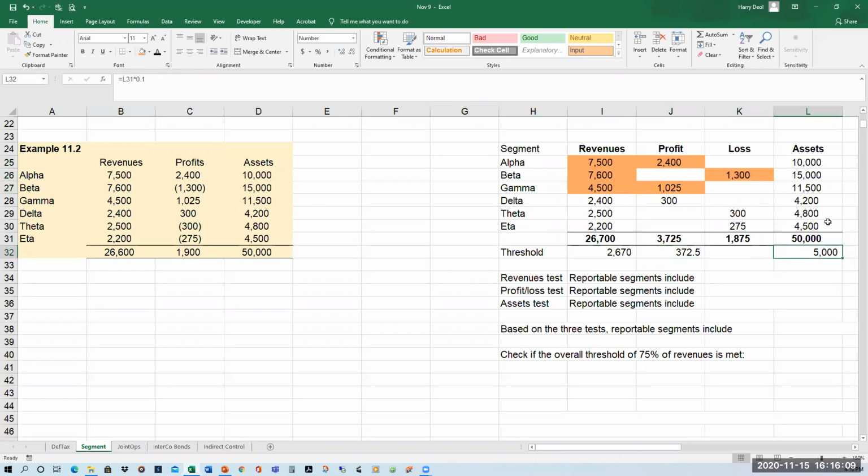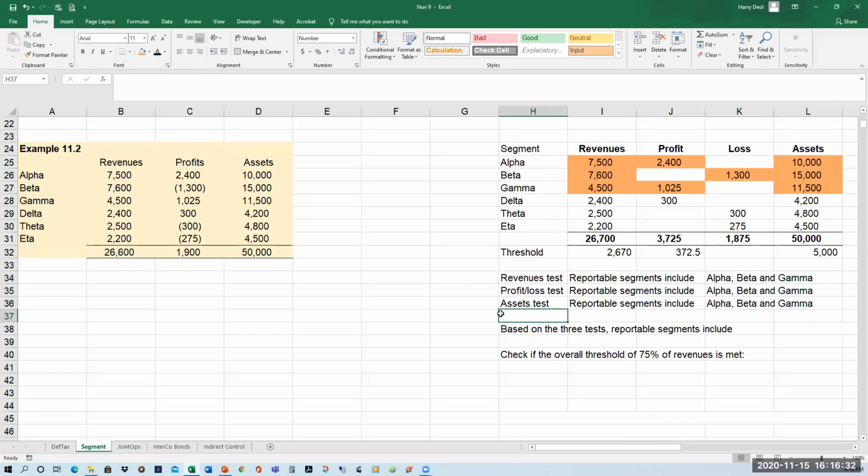And then if we look at the assets, one more time, it is alpha, beta, and gamma. So here, interestingly, you have 3 segments that have not been identified. So just going by the quantitative thresholds, we get alpha, beta, and gamma are the reportable segments.